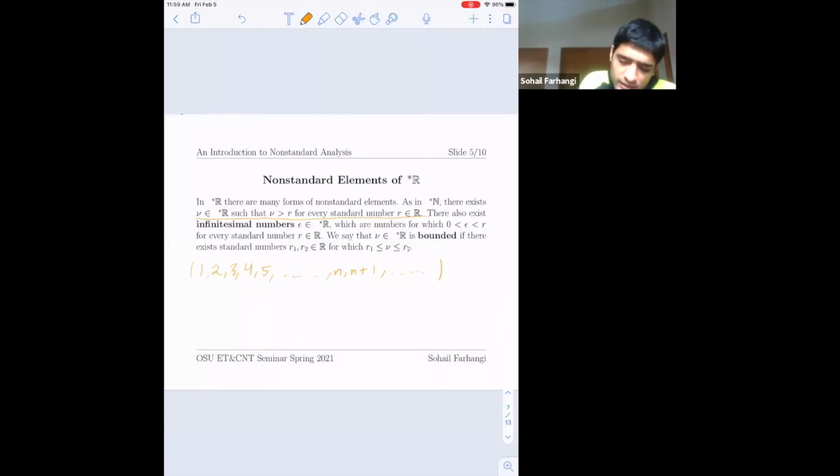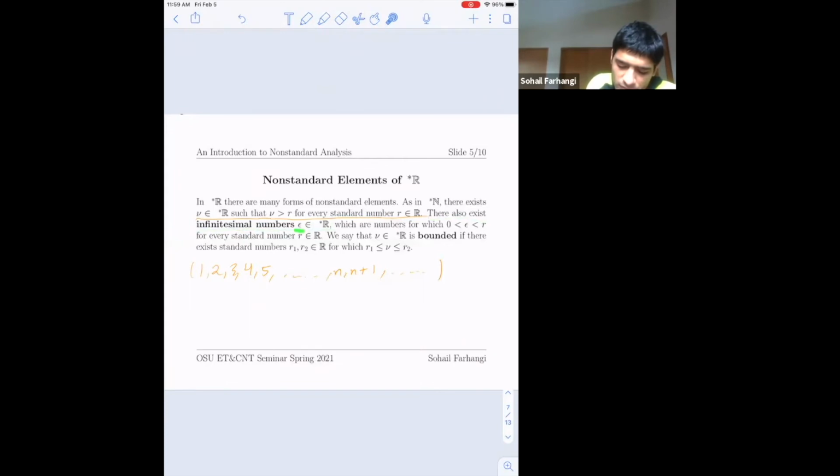All right, we could see that the set of indices for which this is larger than any given number R is cofinite. So it's certainly in our ultrafilter. But now, when we're working in real numbers, we have the opposite. We have infinitesimal numbers.